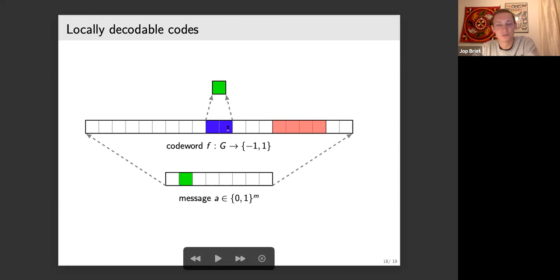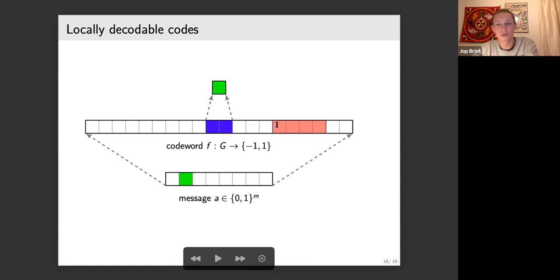And roughly speaking, you can see that because the coordinates that are sampled to retrieve a single message bit correspond to the patterns. For example, a 3-term arithmetic progression pattern is sampled randomly among the triples of code word coordinates. And from them, you could retrieve a single message bit.